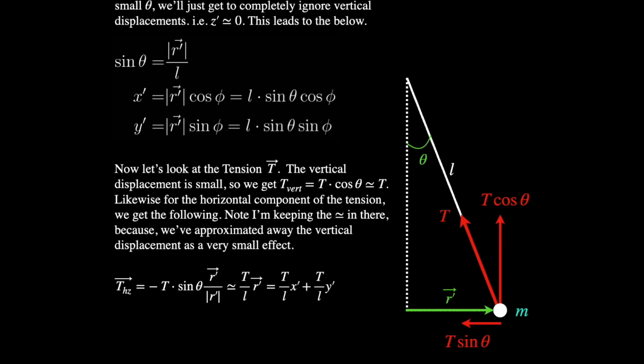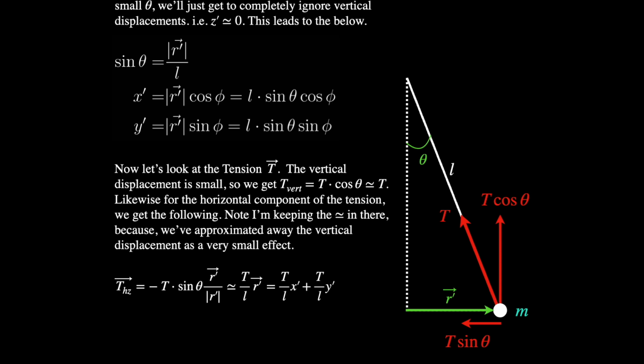That leads to the following things below. So sine of theta is roughly the magnitude of the r vector divided by the length of the line that goes down to the plumb bob. And therefore x is equal to that.